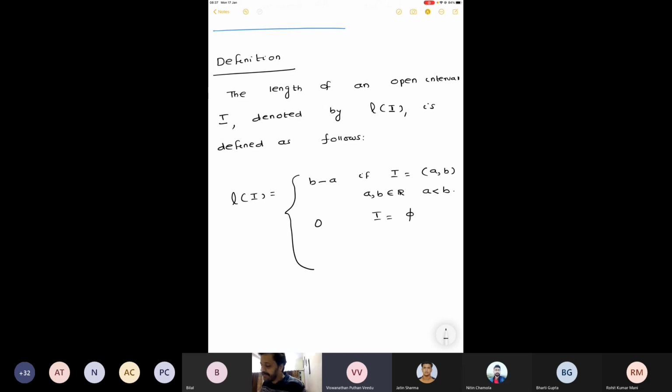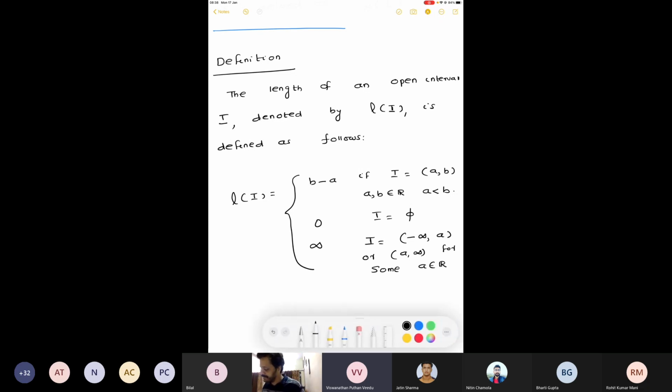And I will define the length to be infinity if I is something of the form (minus infinity, a) or (a, infinity) for some a in R, to handle the infinite intervals.